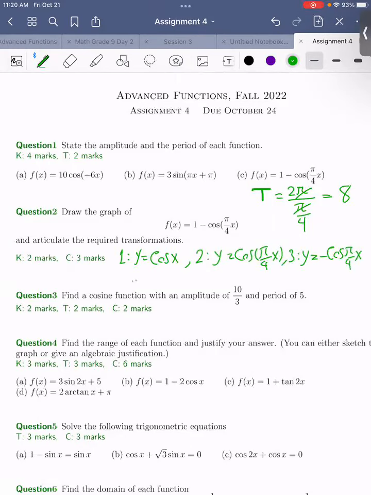And at the end, y equal to minus cosine of pi over 4 times x plus 1. So the last step is a vertical transformation upward by 1 unit, right?